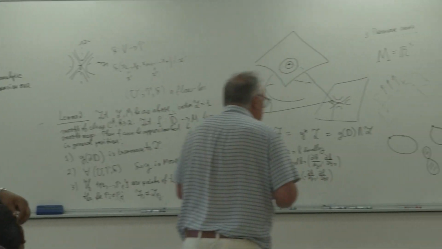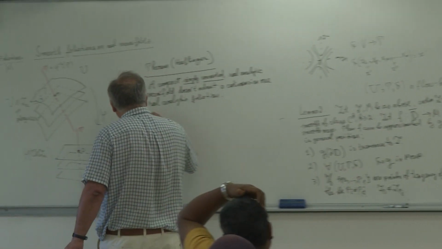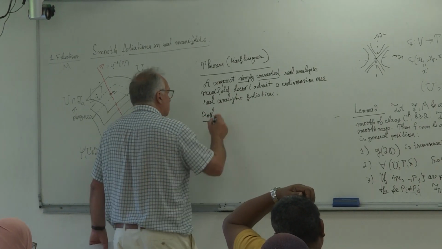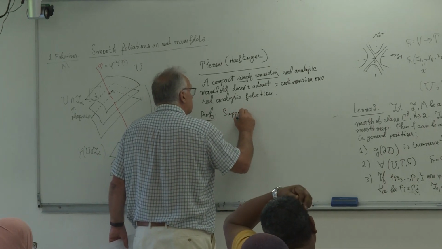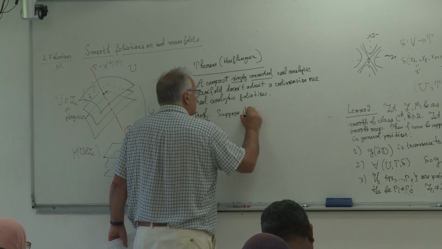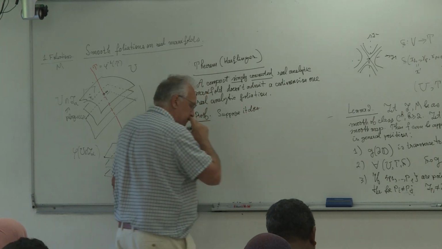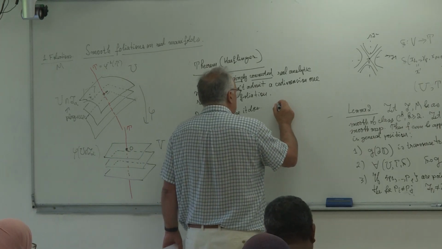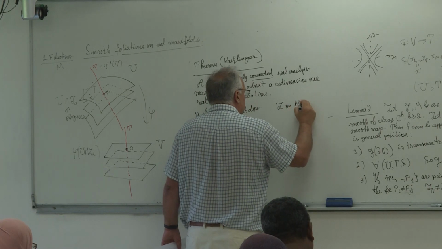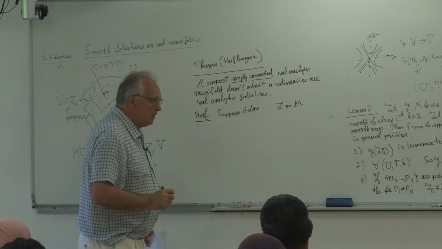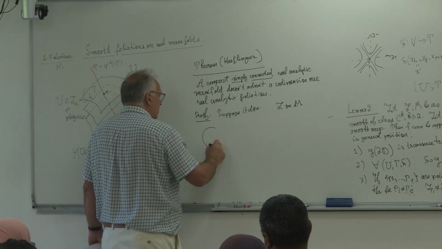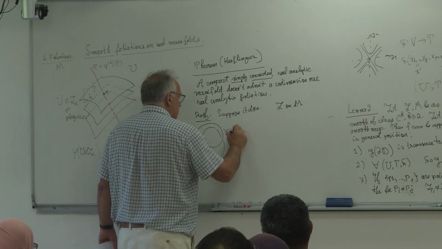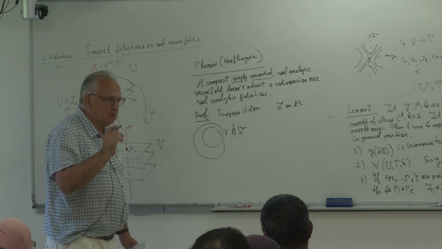Okay. Now, what is the proof? Well, suppose it does. So now, we have a foliation on M. We can construct a transverse curve, which is transverse, okay, by lemma 1.